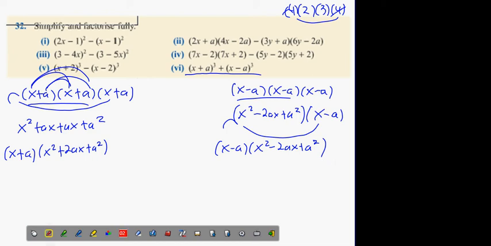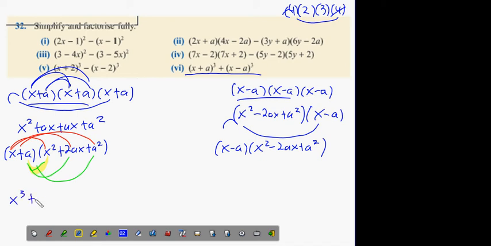Okay, let's try this out. 1, 2, 3, 4, 5, 6. I have 6 things to multiply there. Everybody see them? So what about the first one? x cubed, yeah?